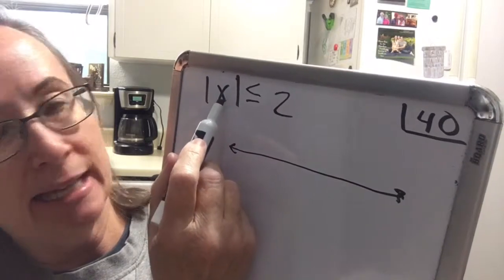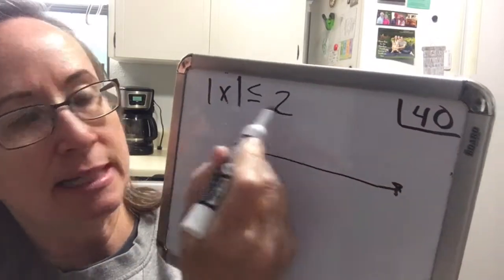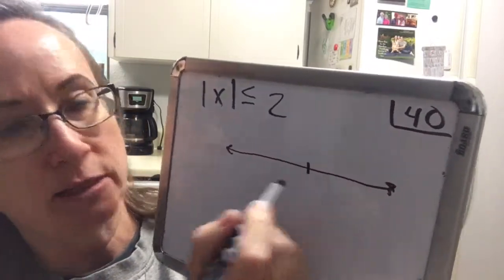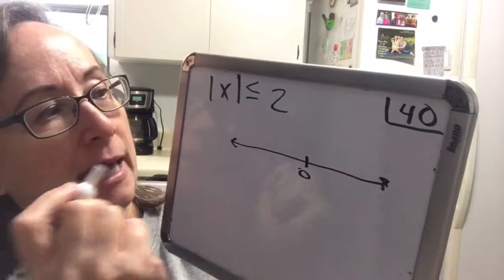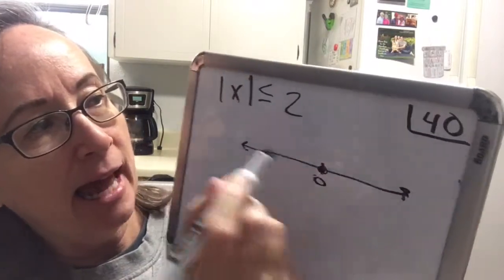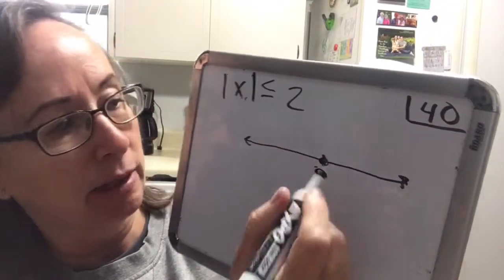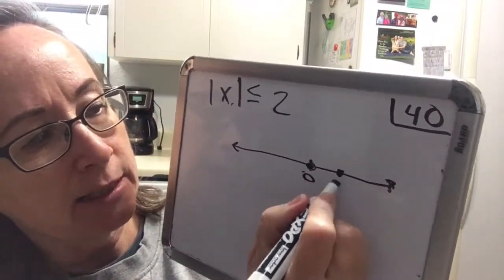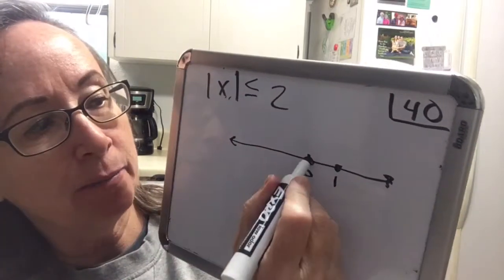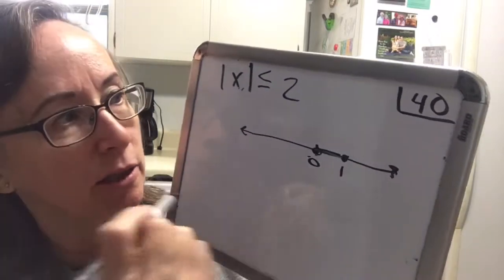So if I let x be 0, then 0 would be less than 2. Okay, so 0 is a solution. If I let x be 1, then x would be less than or equal to 2. So 1 is a solution. Anything in between 0 and 1 is a solution.